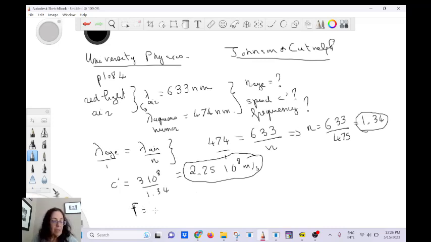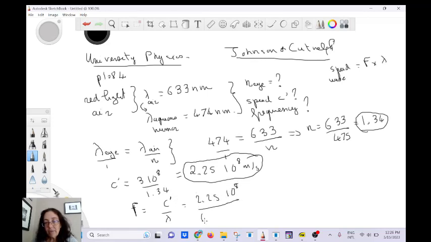The frequency is by definition the speed divided by the wavelength. Speed is frequency times wavelength. The speed of a wave, doesn't matter which wave, is always the frequency times the wavelength. So that's going to be 2.25 times 10 to the 8.